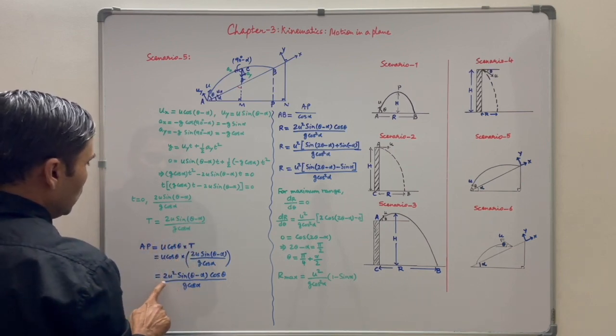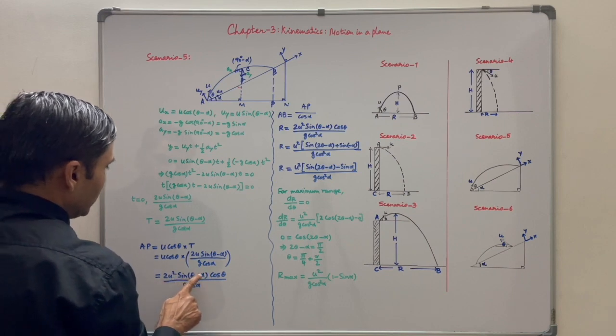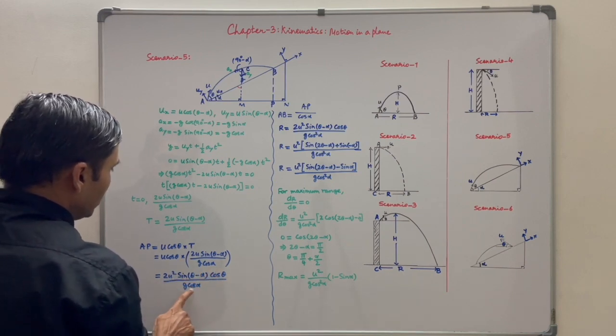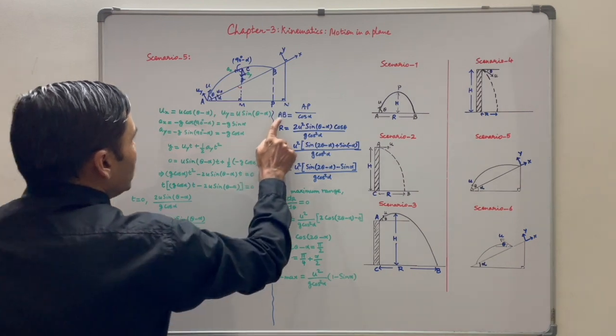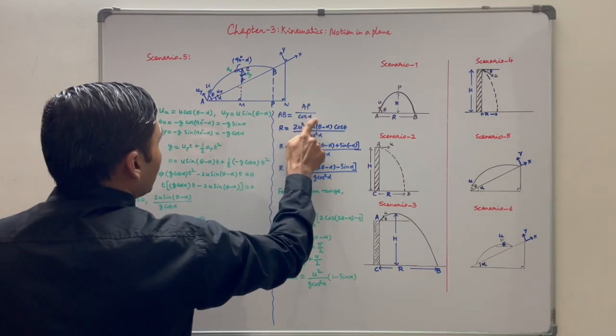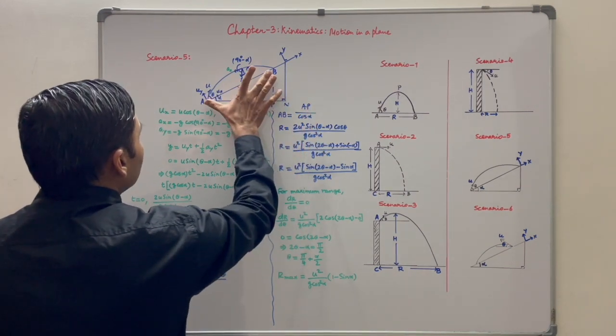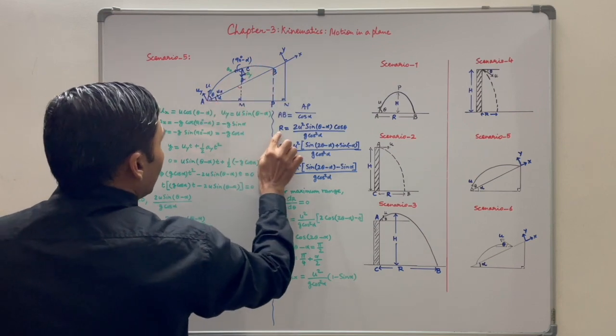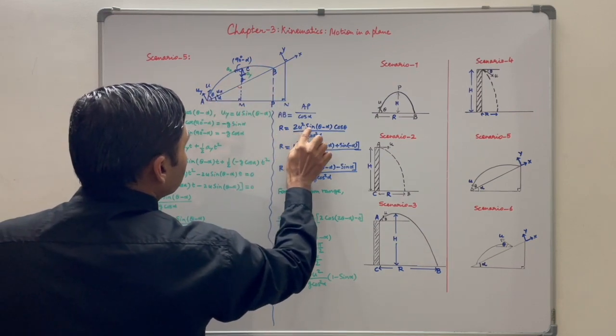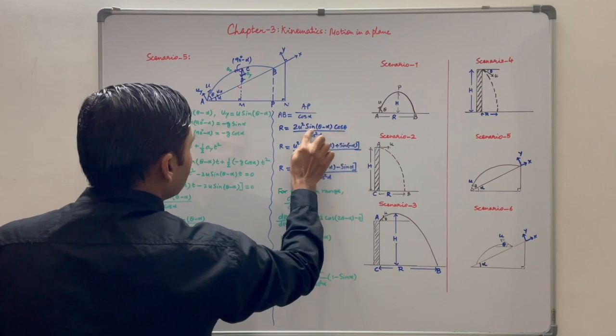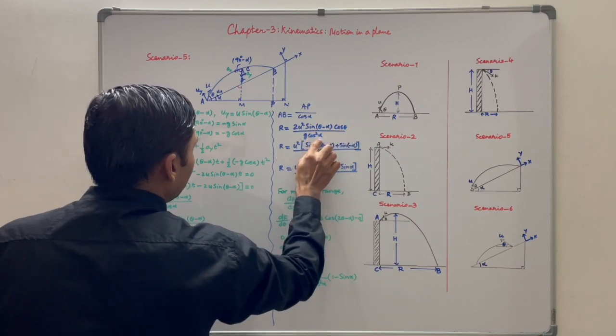That will be equal to 2u square sin theta minus alpha cos theta upon g cos alpha. So AB is equal to AP upon cos alpha. AB is equal to range R. So R is equal to 2u square sin theta minus alpha cos theta upon g cos square alpha.